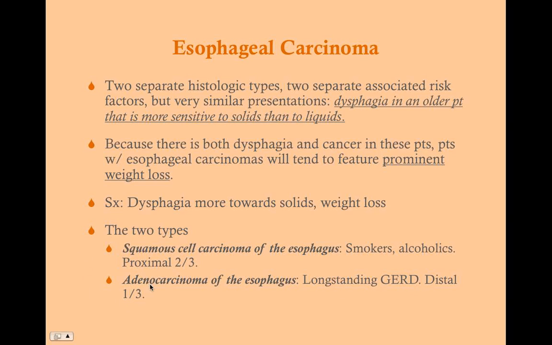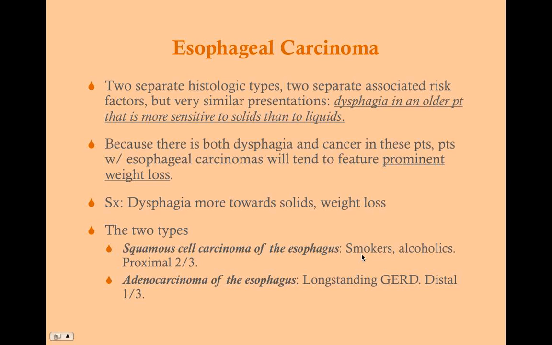So you can look at this as adenocarcinoma. It shows up in the bottom 1/3, and the reason is because of the long-standing GERD. So you get the acid hitting up against the esophagus, you get those squamous to columnar changes, and eventually you get Barrett's esophagus, and you proceed to adenocarcinoma. Whereas with squamous cell carcinoma, it's more directly associated with the carcinogens in smoking and in alcohol.